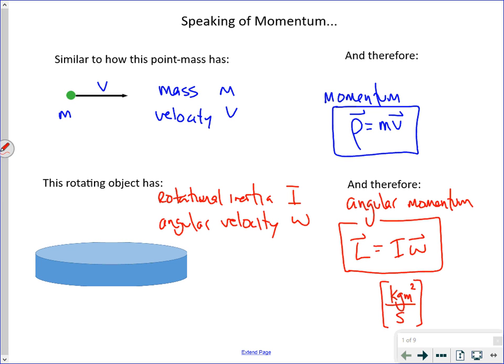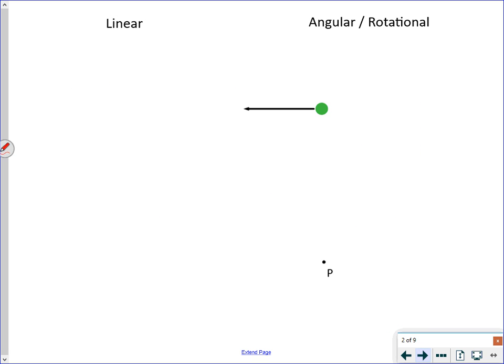Fair enough? Okay, great. Now, here's our object, mass m, velocity v, our linear momentum, the product of mass and linear velocity. This object, while it's not rotating, it's a point mass, it can't rotate.